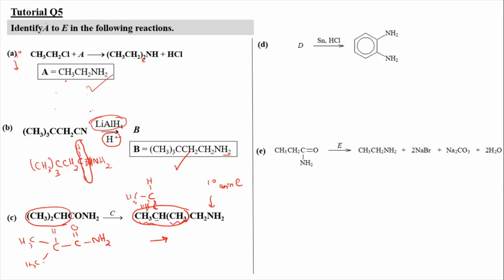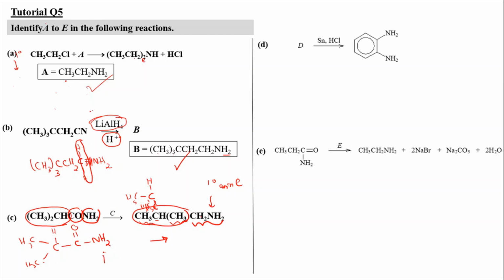So what changes here is the C double bond O and NH2. The difference happens here, because the C double bond O is going to become CH2 and the NH2 here is going to be maintained.